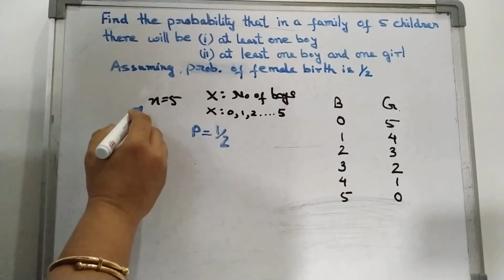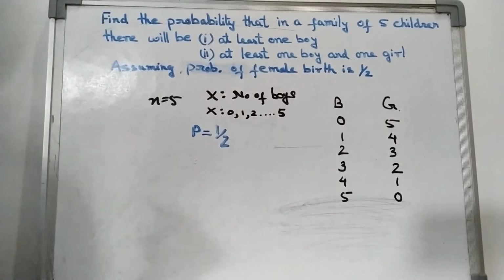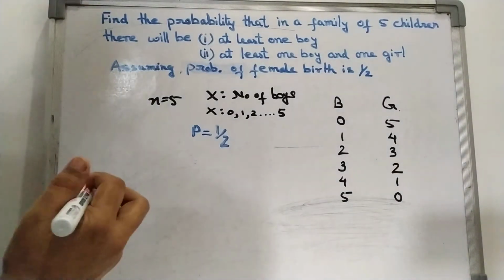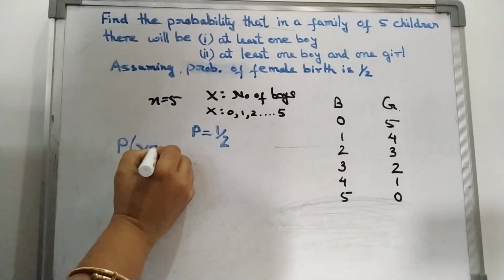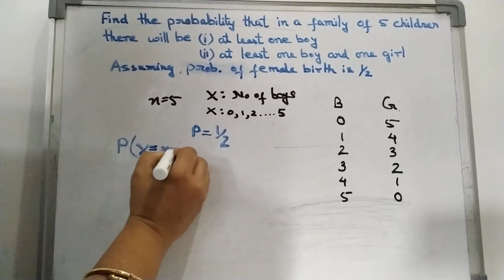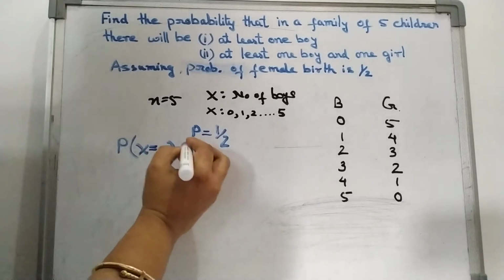So we can use the probability mass function of the binomial distribution here. The form will be probability of x is equal to nCx p to the power x, q to the power n minus x.